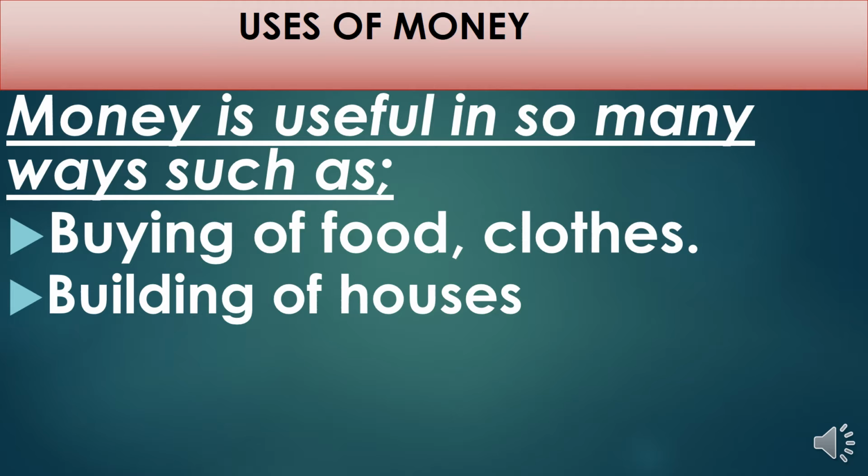If you don't have land, you buy the land with money. You buy the materials for building the house with money. You pay the laborers, the workers with money. You pay the contractor in charge of the work with money. So everything about building a house is all about money.